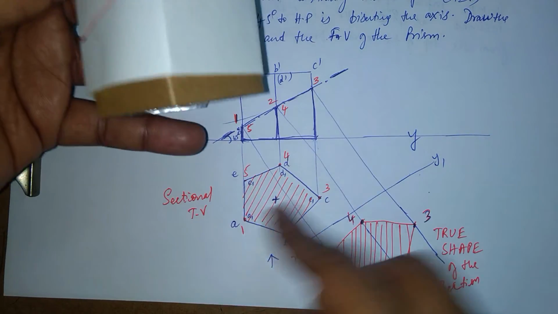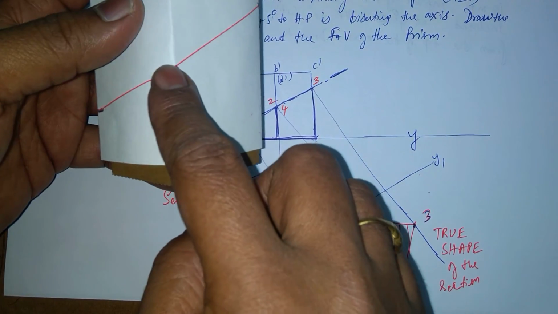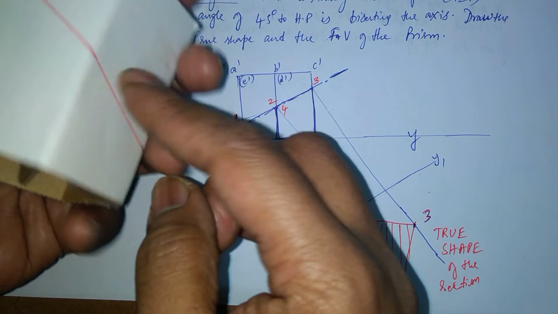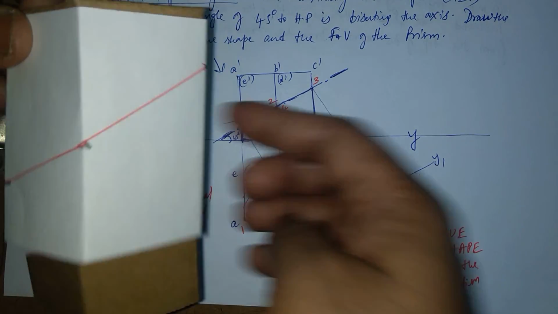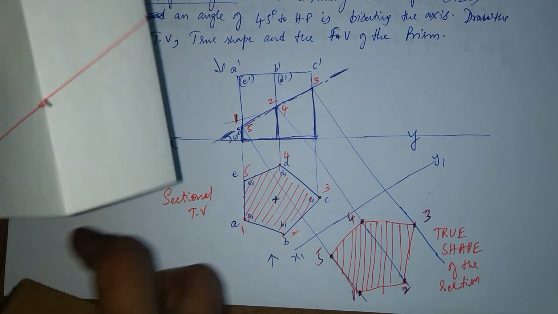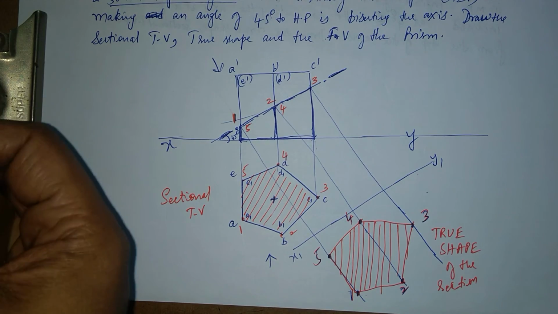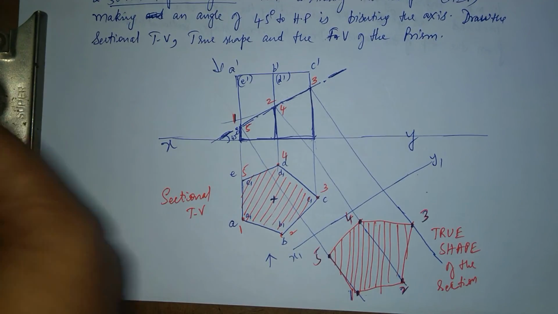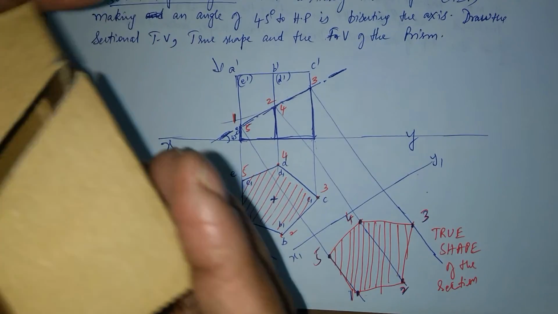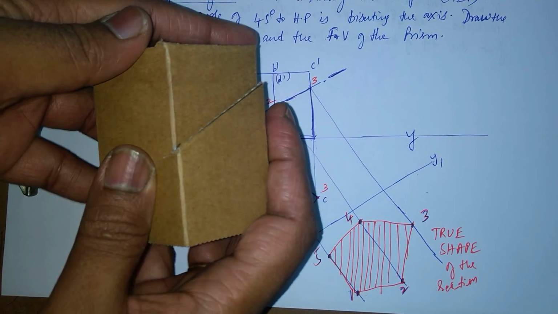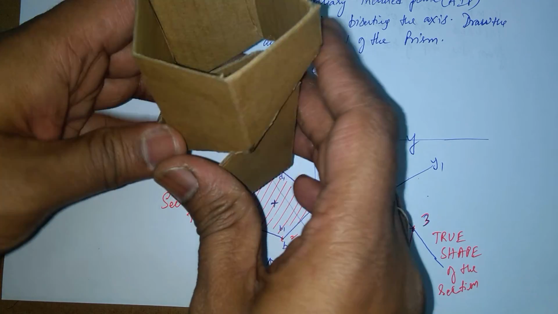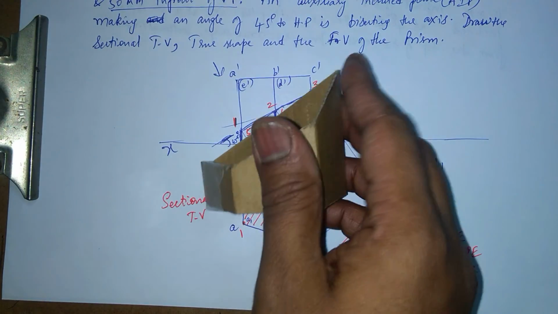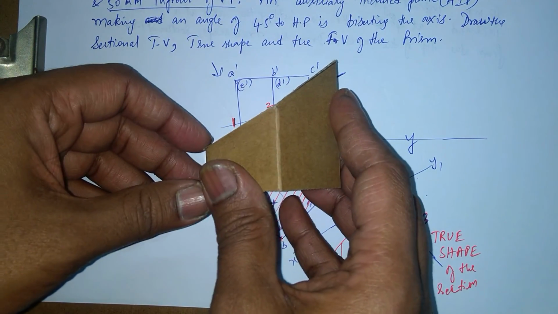So 1, 2, 3, 4 and 5 are the parts. Assuming this is your solid, these are your 5 parts. This is your prism, and it was cut like this. This part is removed. This is how it is right now.